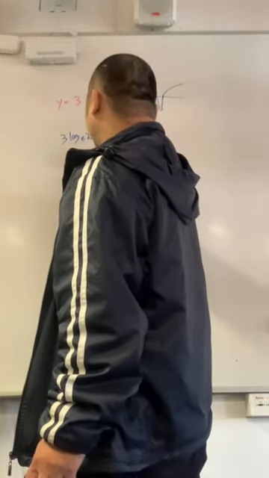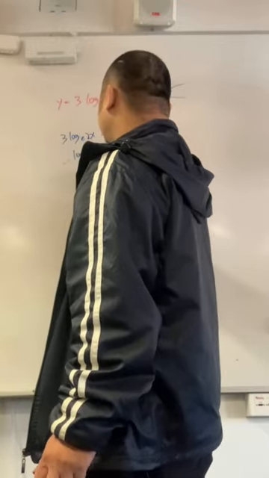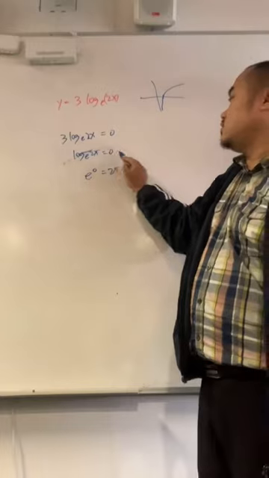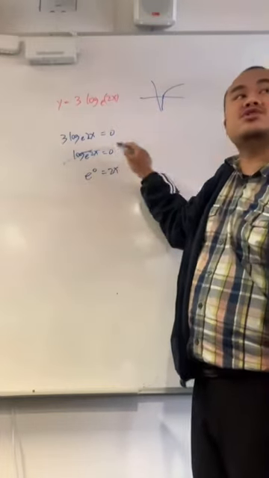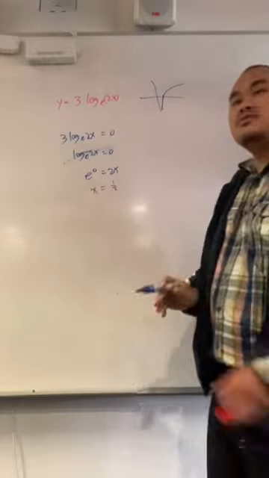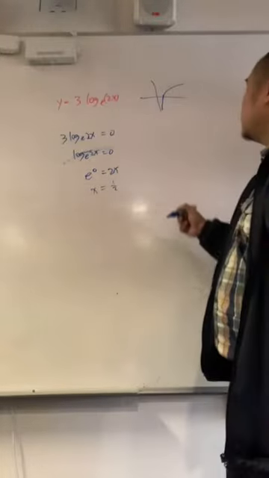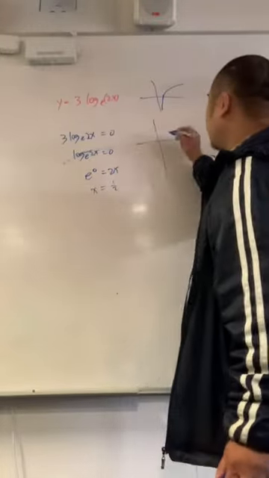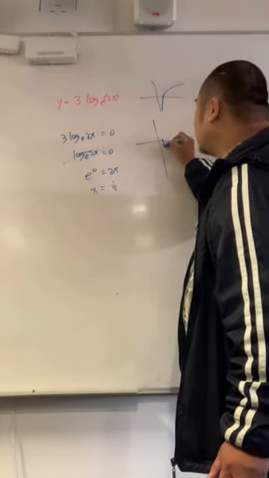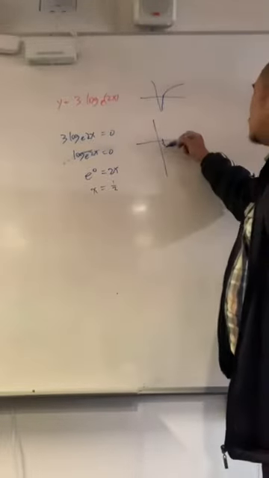And then e to the power 0 equals 2x, because you convert this into the exponential form. So x equals half. Alright, so which means the graph would be, this is half. Okay, just go this way.